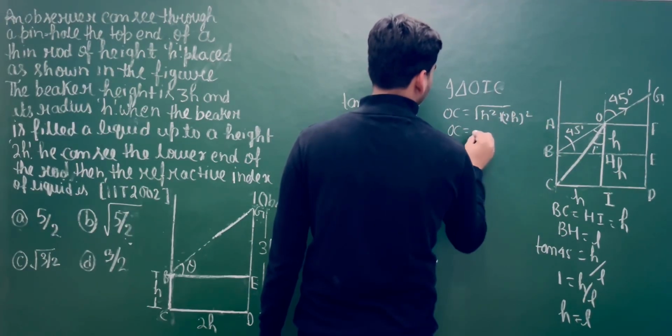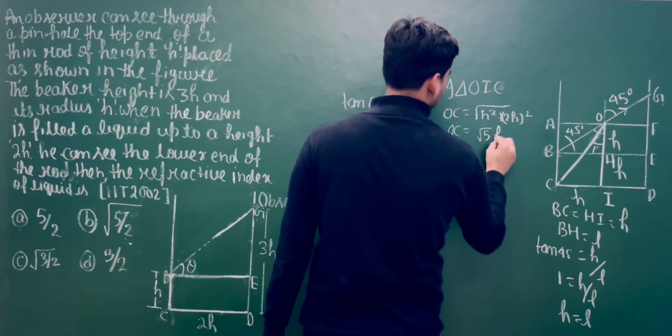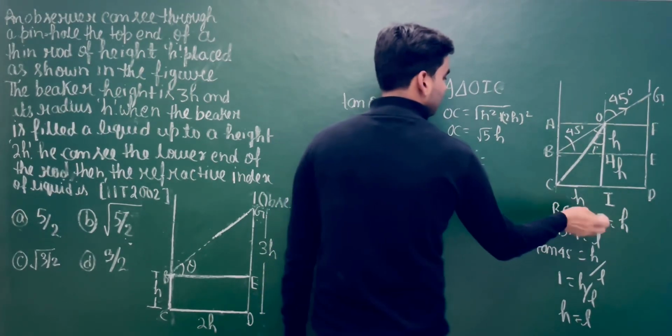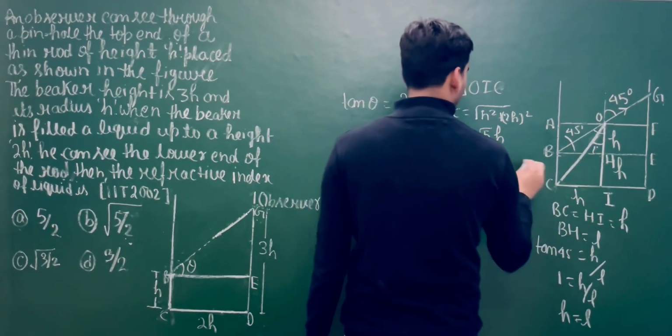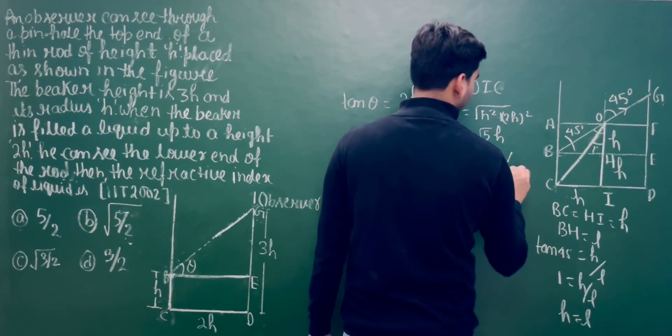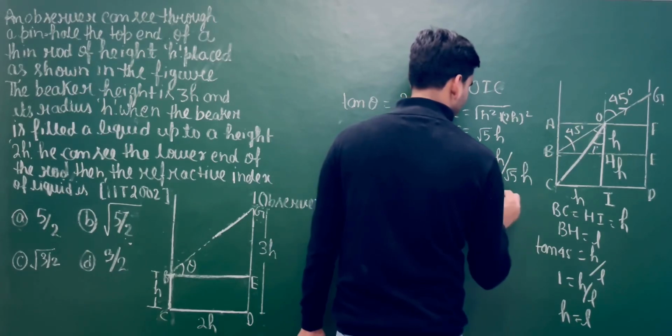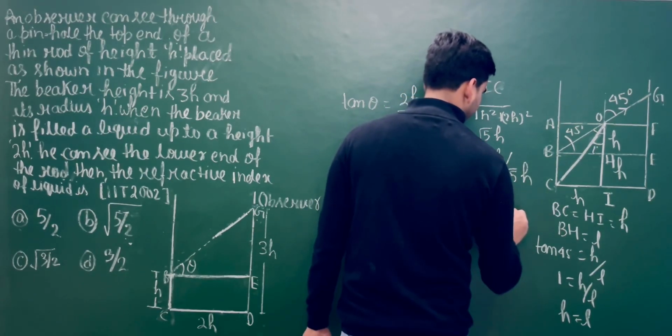This gives OC equals root 5 h. Then sin I is perpendicular upon hypotenuse, h upon root 5 h. Then sin I equals 1 upon root 5.